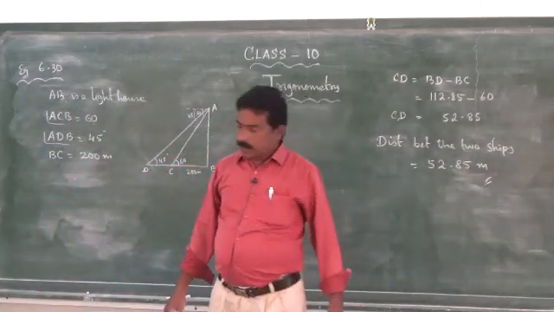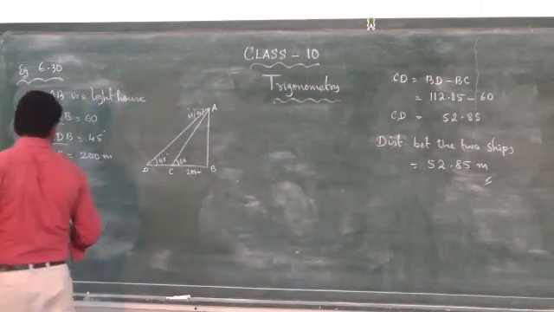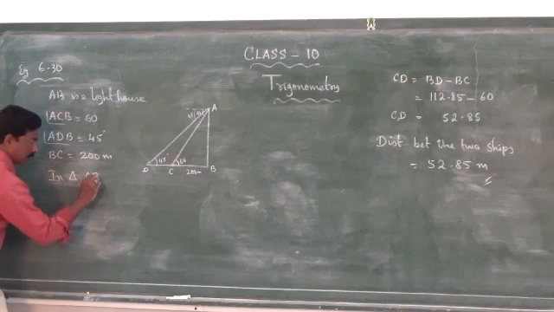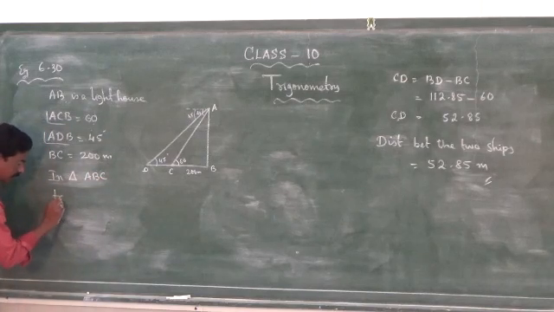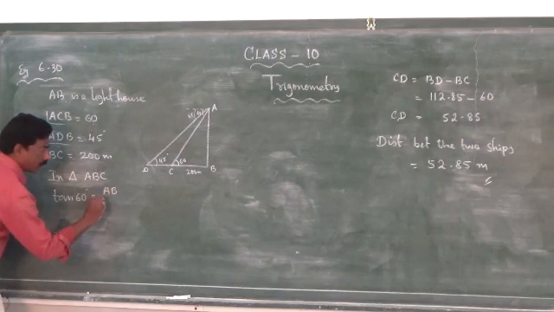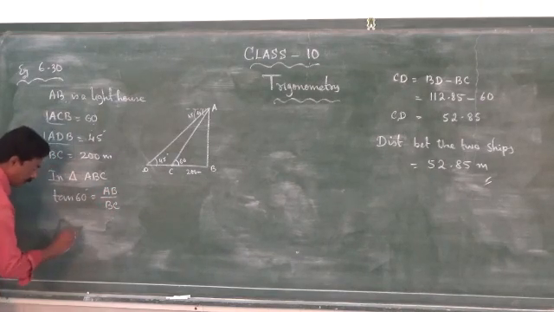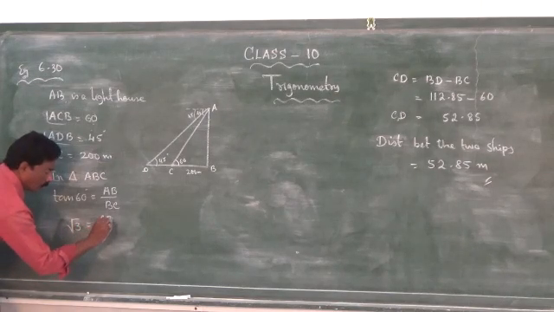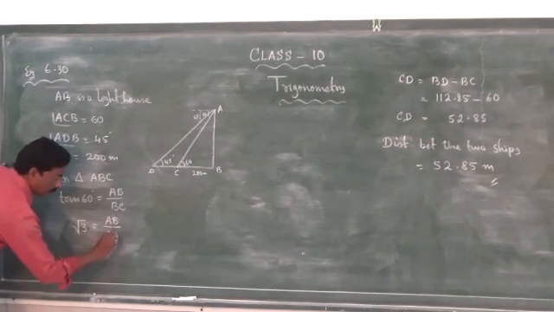In triangle ABC, tan 60 is equal to opposite by adjacent. Tan 60 is root 3. Opposite, AB, we do not know, and adjacent is 200.